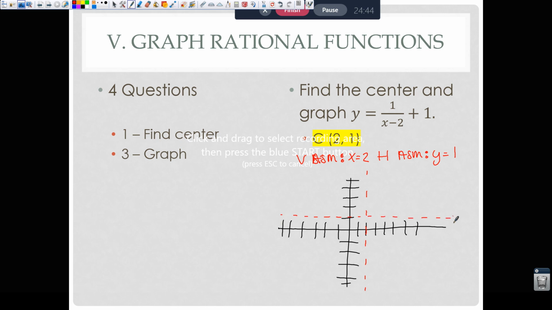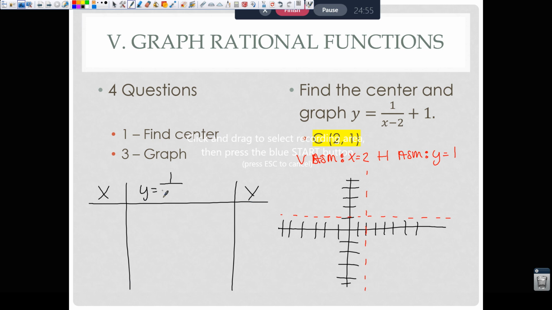Now I need to find where my branches are going to go. So I'm going to create an XY table. Okay, so now I'm going to substitute values in. I want to pick values that are around my asymptote for x. In this case, x is at 2, so I'm going to pick 1 and 3.